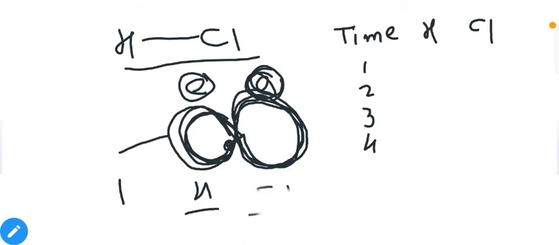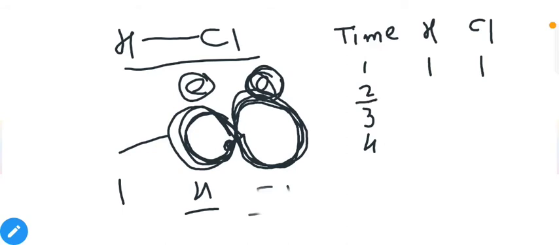That means when the first second is complete, at that time we can say that both of them contain one electron. Suppose this is the situation of hydrogen and this is the situation of chlorine, and here we have time. So at the first second after the bond formation, both of them contain one electron. So we can say that hydrogen contains 1 electron, chlorine contains 1 electron.